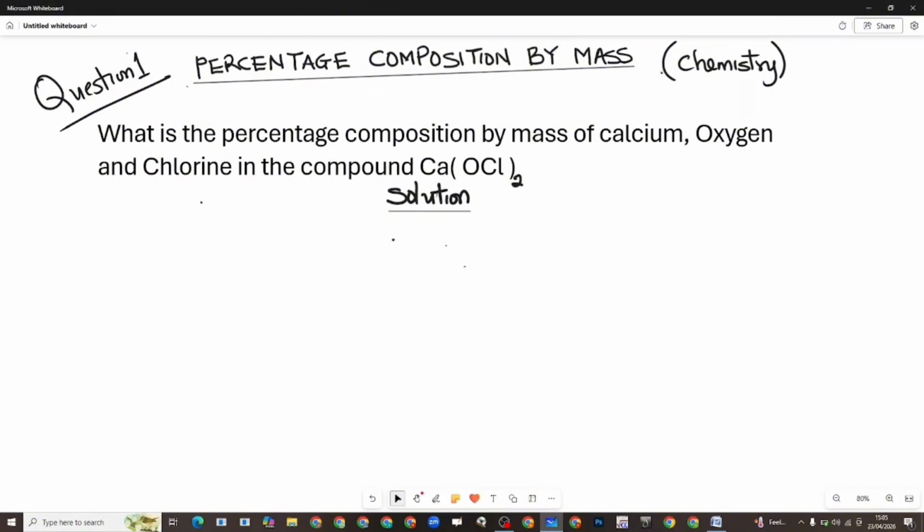The question says, what is the percentage composition by mass of calcium, oxygen, and chlorine in the compound below? Very simple.